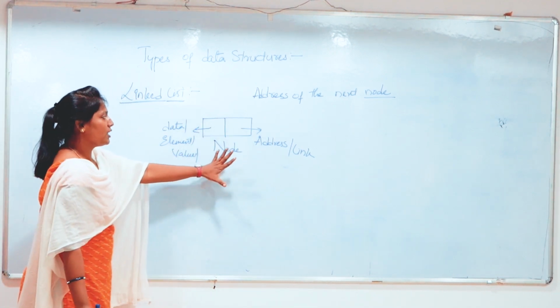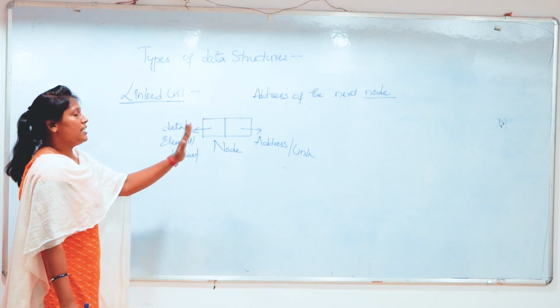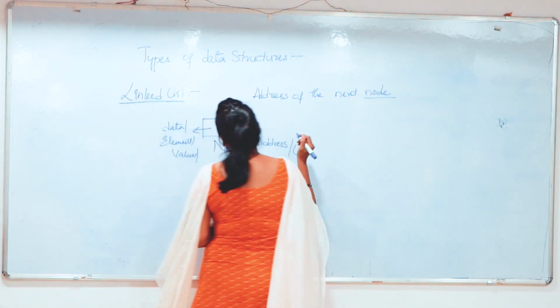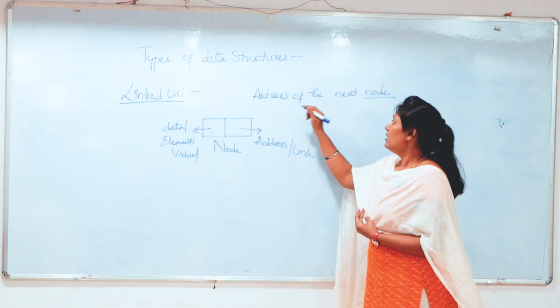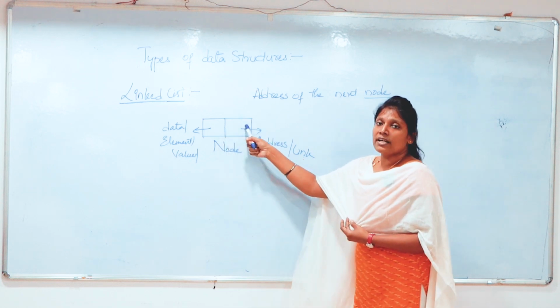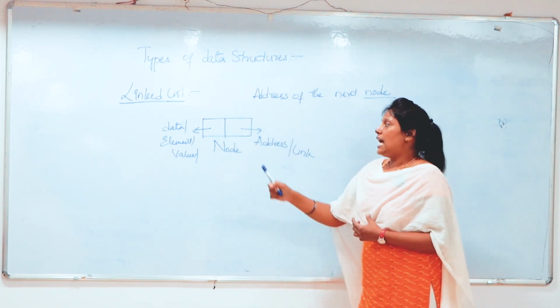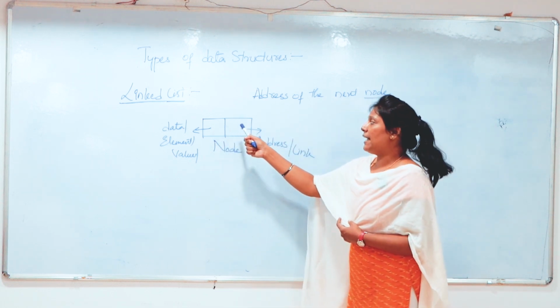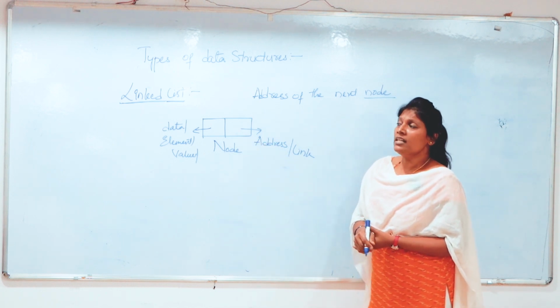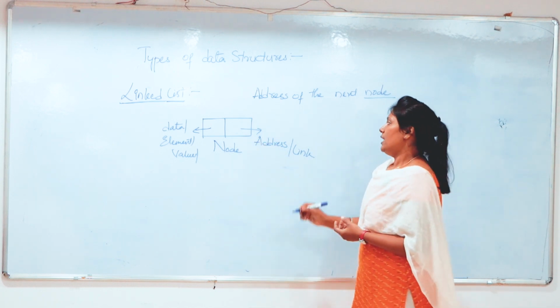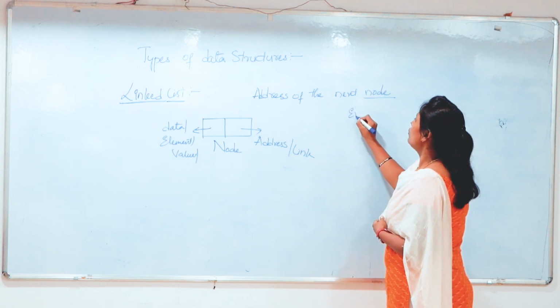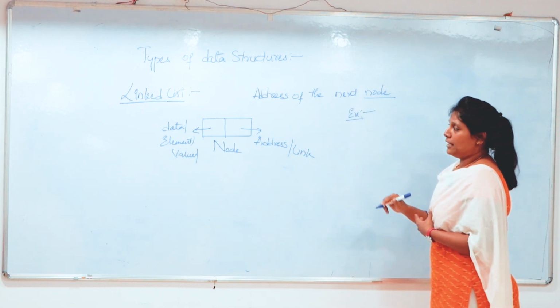This is a node structure to create the list of elements. Depending upon the number of elements in our list, the node structure will be created separately, the elements will be inserted and the address will be provided to our linked list. Let us see with an example how this linked list will be done.